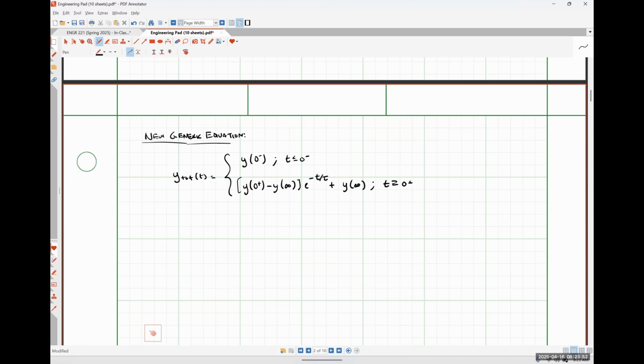If it's actually a natural response problem, y at infinity is just going to go to 0, and this simplifies down to exactly what we did on Monday. So worst case scenario, you waste 20 to 30 seconds analyzing the circuit at t equal to infinity and go, oh yeah, everything is 0. I didn't need to do this, and then go on about your day.